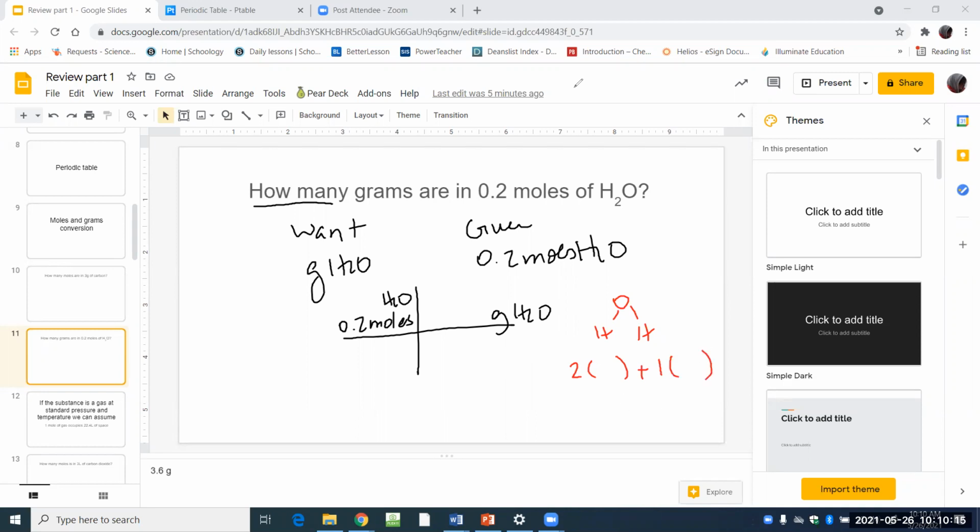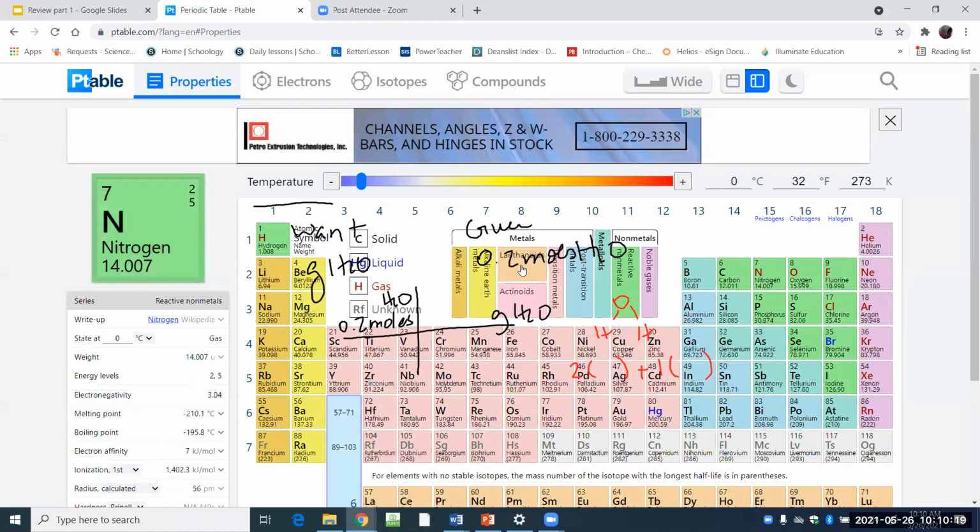Now the weight of hydrogen, I can look at the periodic table. The weight of hydrogen is 1.008, I'm just going to abbreviate it to 1. And the weight of oxygen is around 15.999, abbreviating to 16, just to make things easier, but you can keep the whole set of decimals.